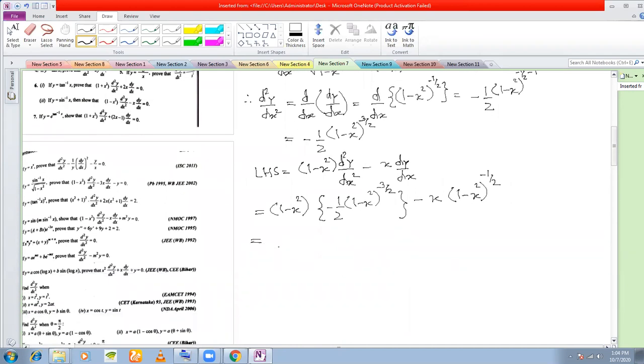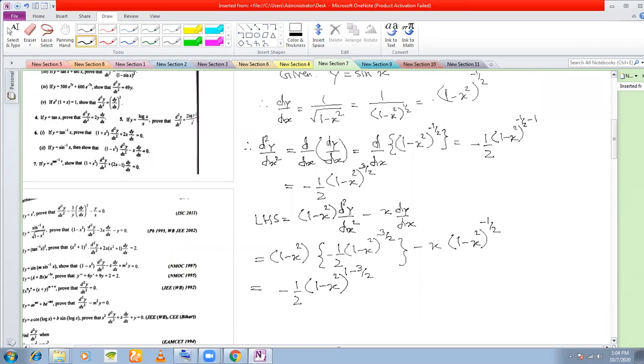So what you get here is minus half, 1 minus x square to the power of 1 into 1 minus x square to the power of minus 3 by 2 will give you 1 minus 3 by 2, right? Oh, sir, here I have forgotten something. In d2y dx2, when I was calculating, I have differentiated the power.